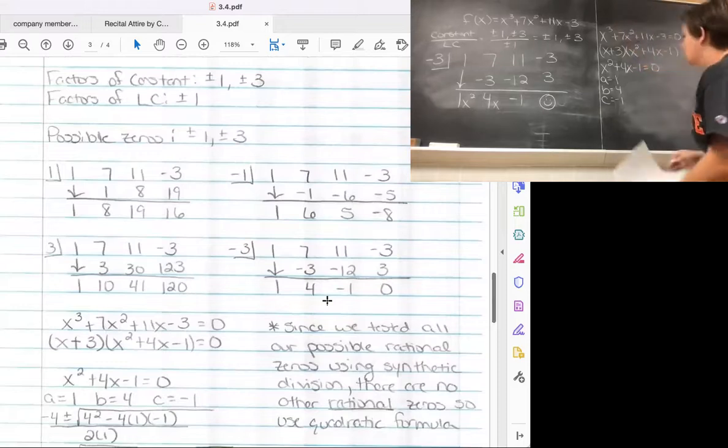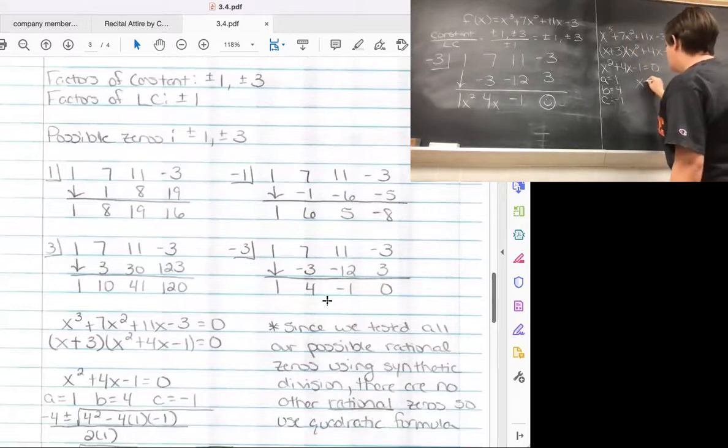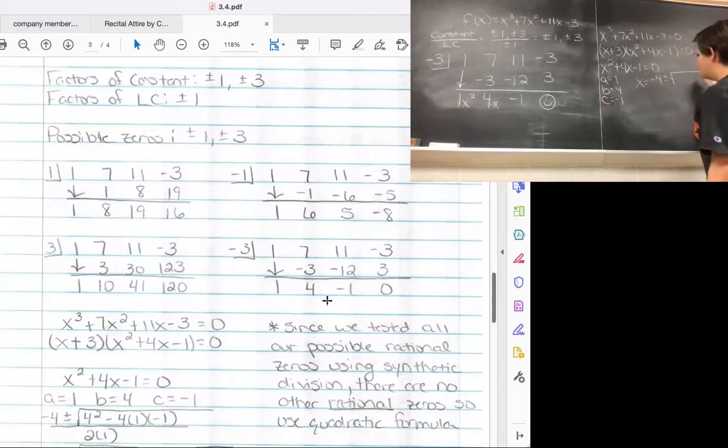So negative b, negative 4, plus or minus the square root of b squared, 4 squared, minus 4 times a, which is 1, times c, which is negative 1, all over 2 times a, which is 1.